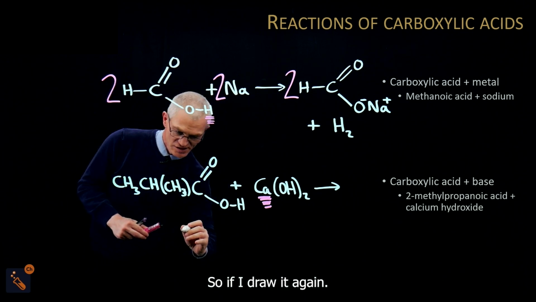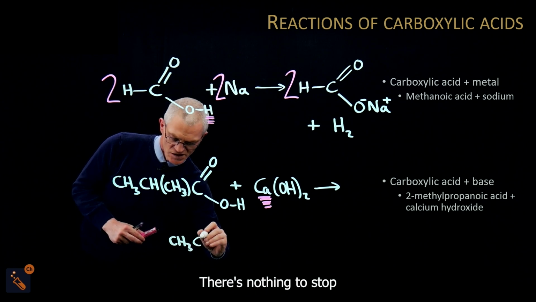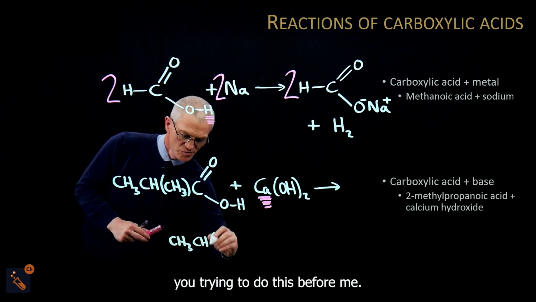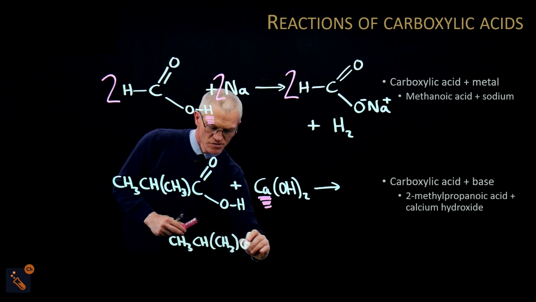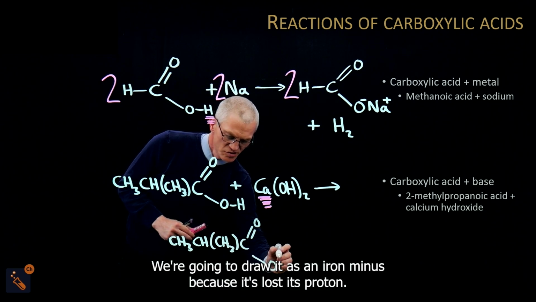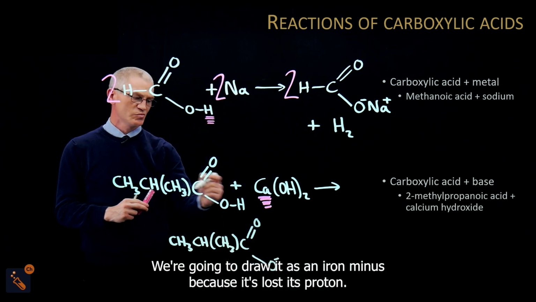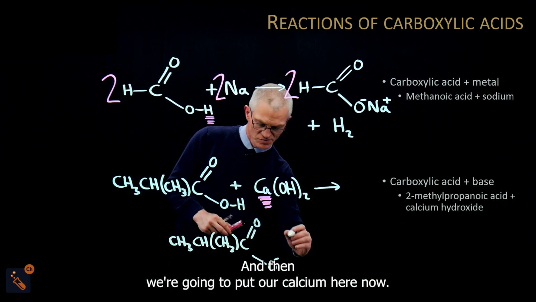So if I draw it again, there's nothing to stop you trying to do this before me. There's my carboxylate ion. We're going to draw it as an O- because it's lost its proton. Okay, and then we're going to put our calcium here.